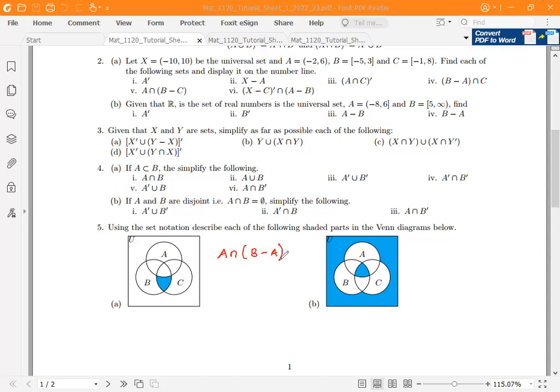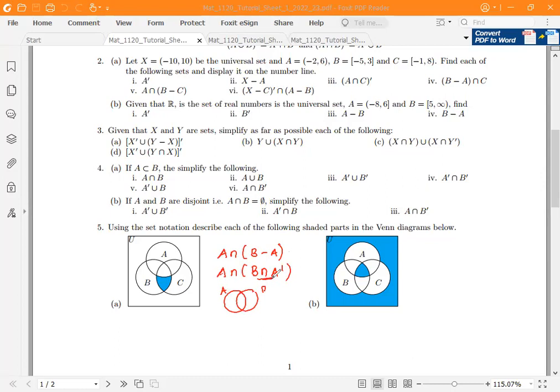A intersection B minus A. Yes. So if you simplify it, you would say A intersection B intersection A complement, right? Yes. If we put a diagram so we can shade, we are saying B intersection A complement.